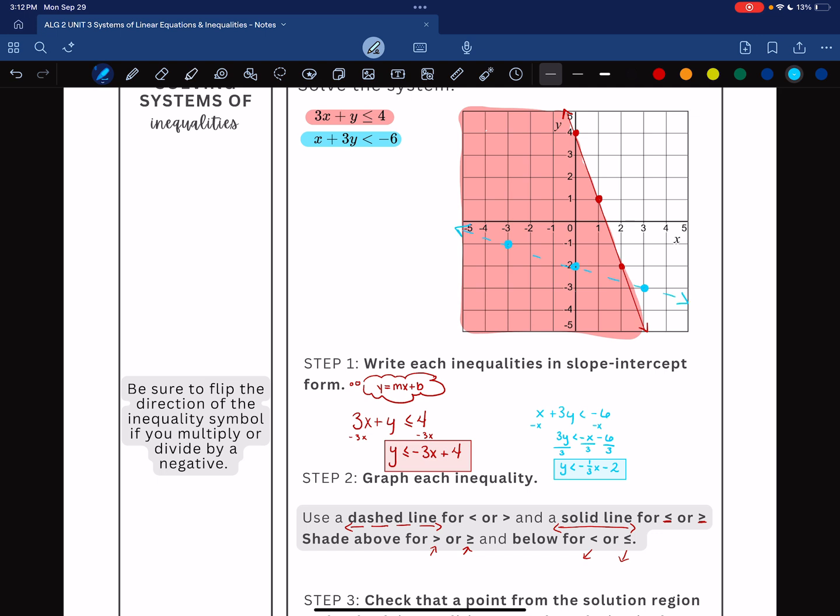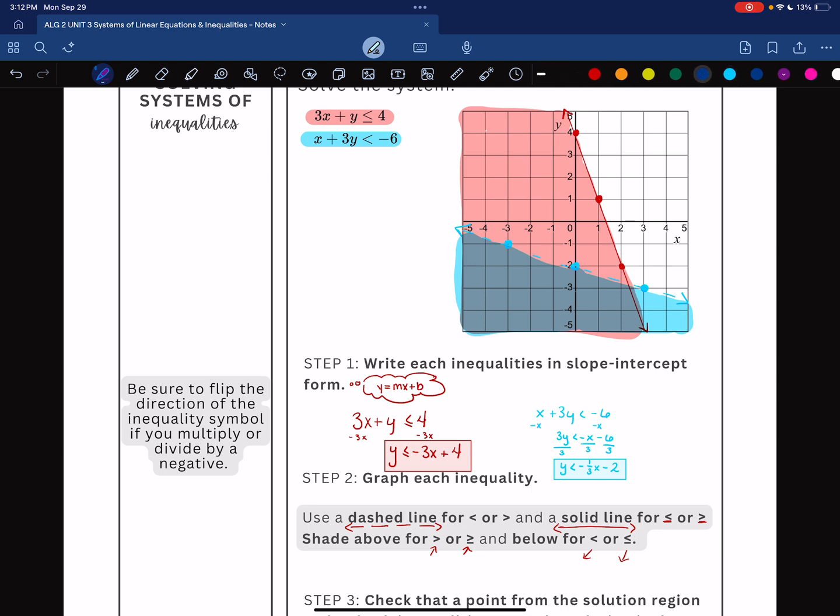And now time to shade. Look at that inequality symbol. It's y's less than, so we're going to be shading below our line. Everything below that blue line. Okay, now we really have here 4 different regions.